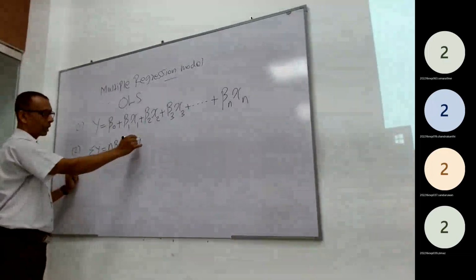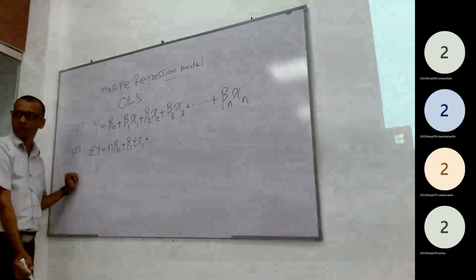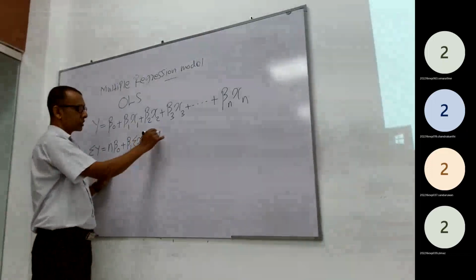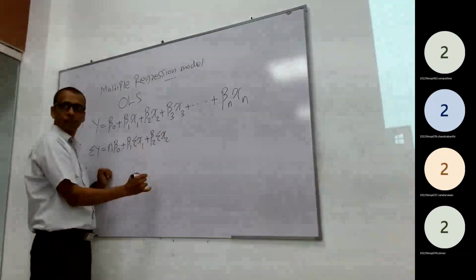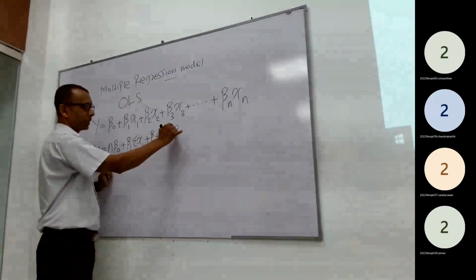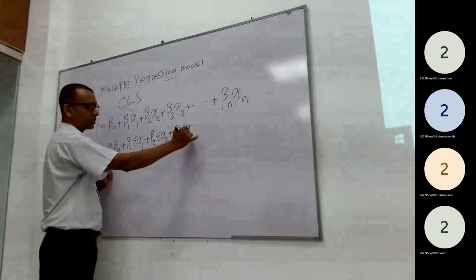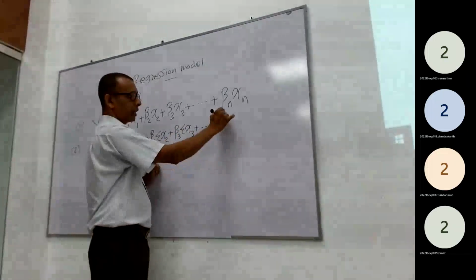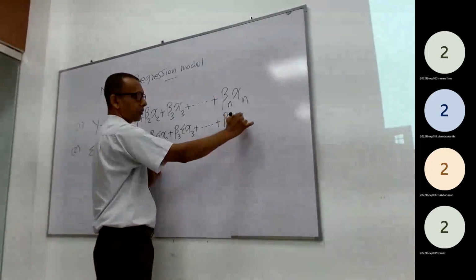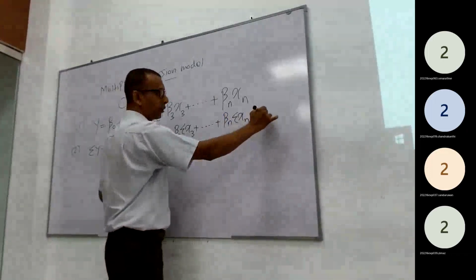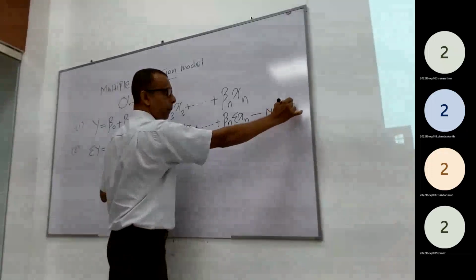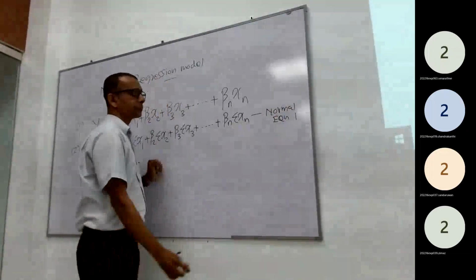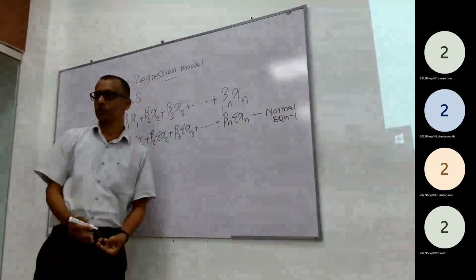Beta 1 sigma x1, beta 2 sigma x2, plus beta 3 sigma x3, up to beta n sigma xn. Normal equation 1.